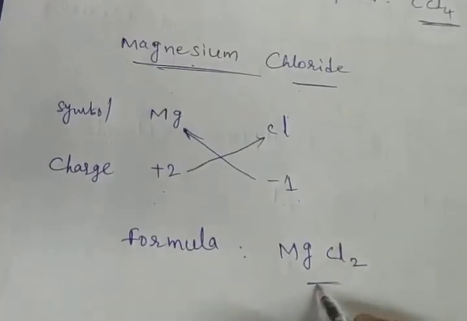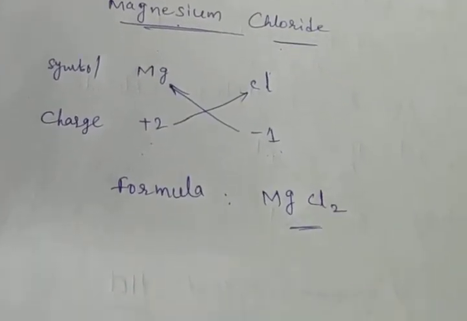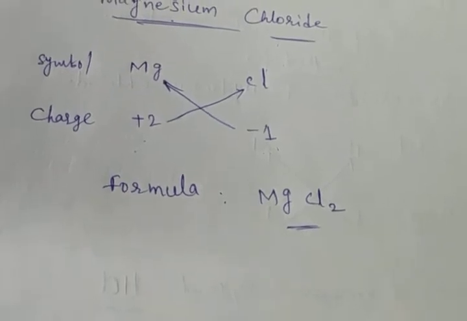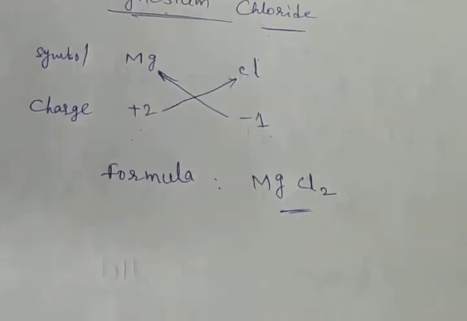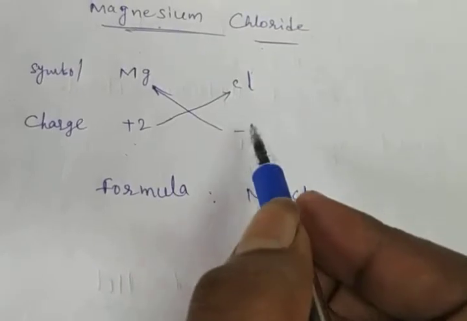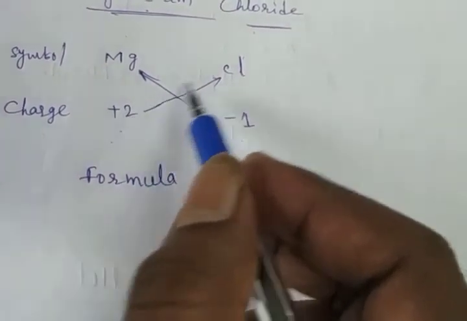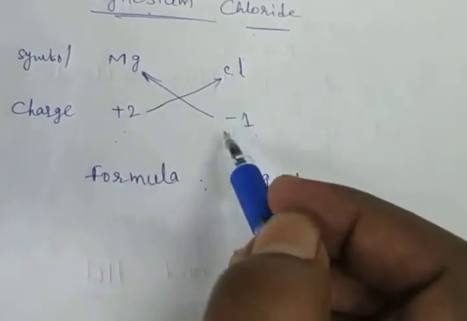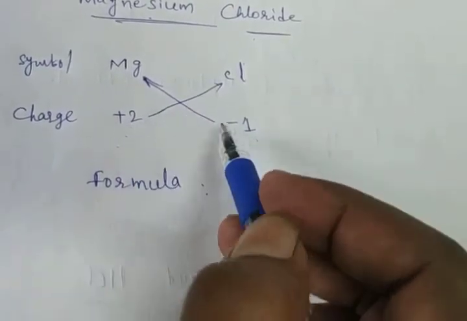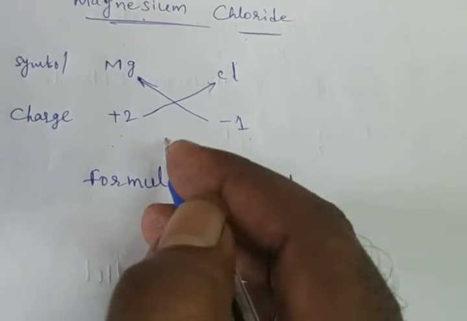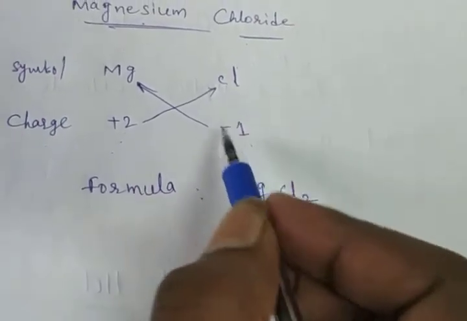Here, observe that the first rule says the charges on the ions must balance. How will it be charged? Chlorine is -1 and magnesium is +2. How can it be neutral with +2 and -1? It is not neutral.